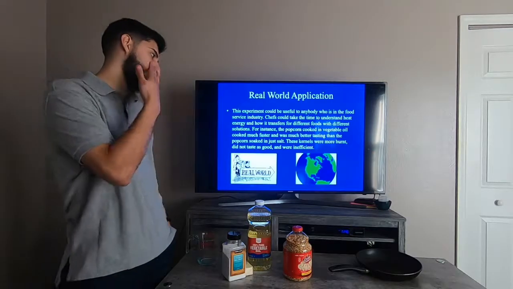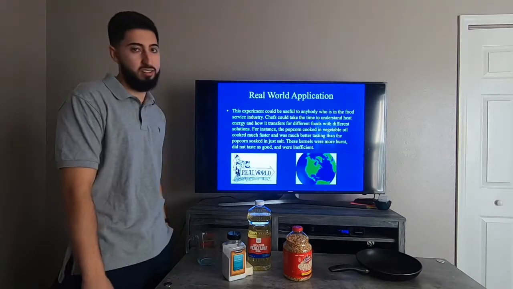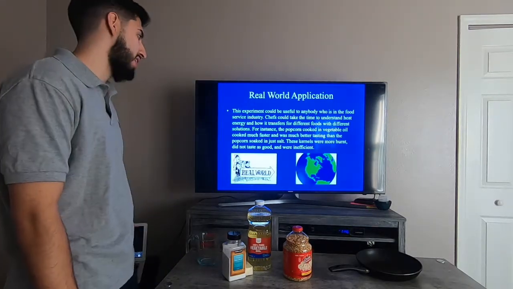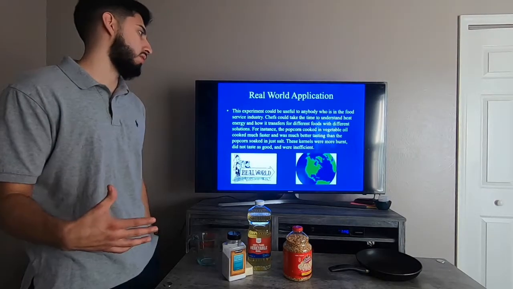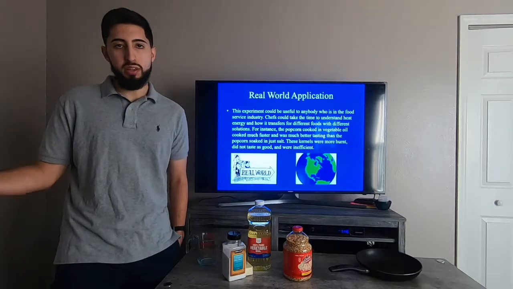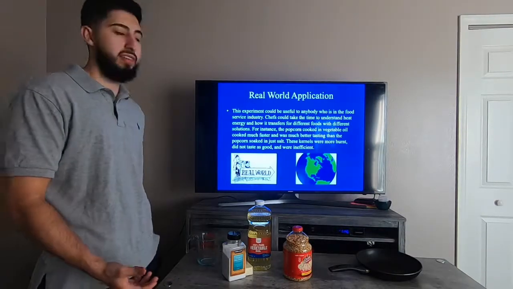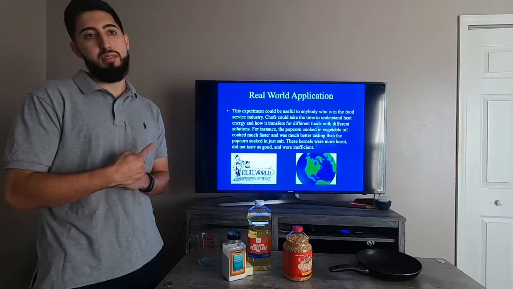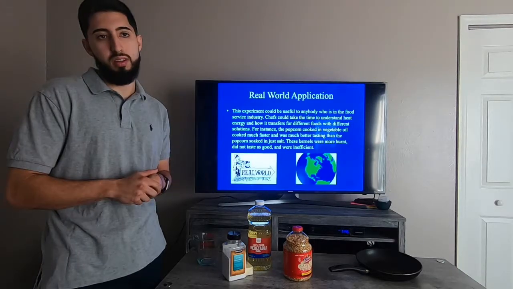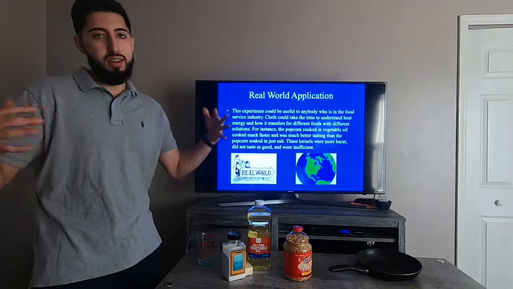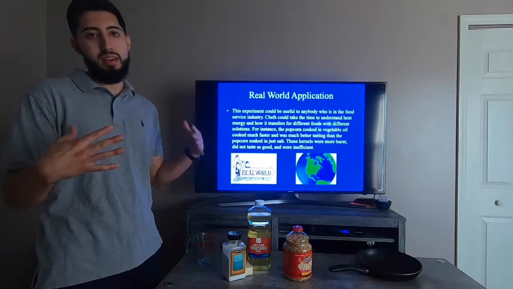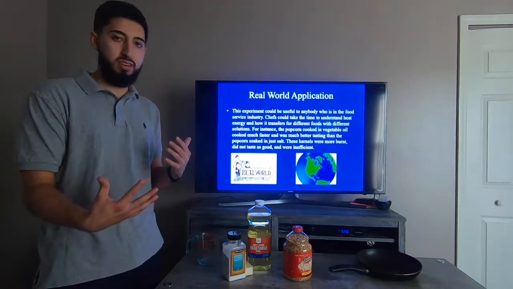In this case, restaurants or even movie theaters could know that the popcorn cooked in vegetable oil not only cooked much faster, but it tastes better because, one, it's vegetable oil, so it tastes better than just salt, and two, it increased the surface area of the heat in the pan, making them pop faster.